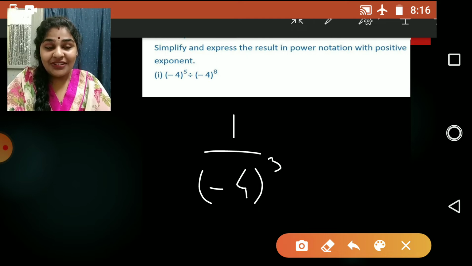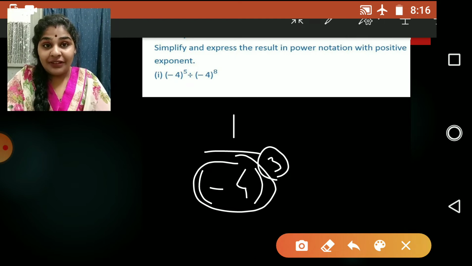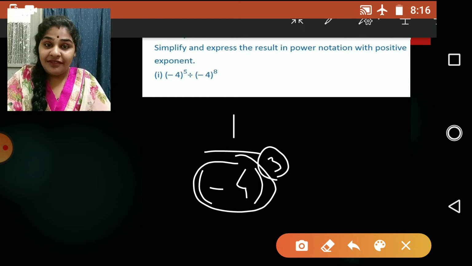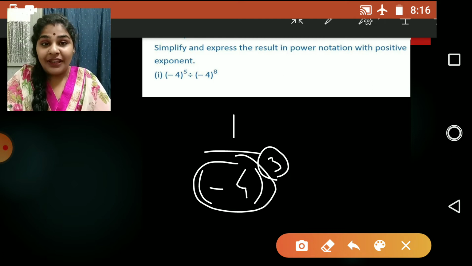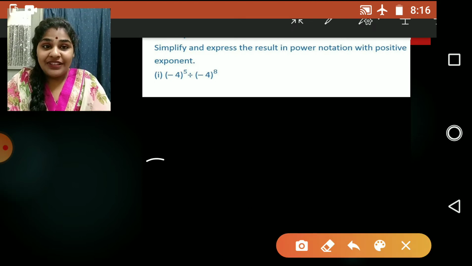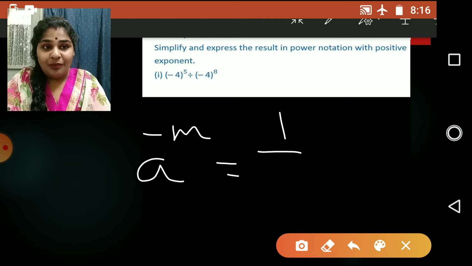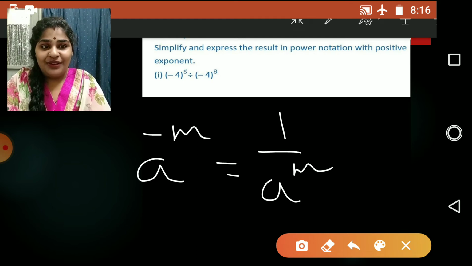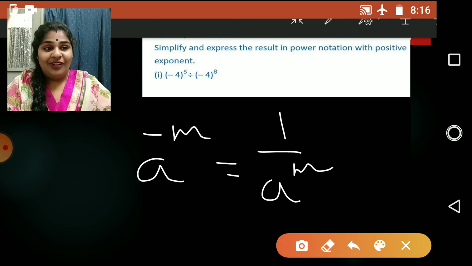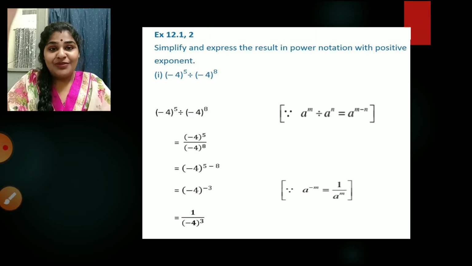Yes children, so the base here will remain, the sign of the exponent will be changed. It was negative, now we have used positive. There you can mention that by using the law a raised to minus m is equal to 1 upon a raised to m. Yes children, got it? Now let us see the solution. Can you see here now?